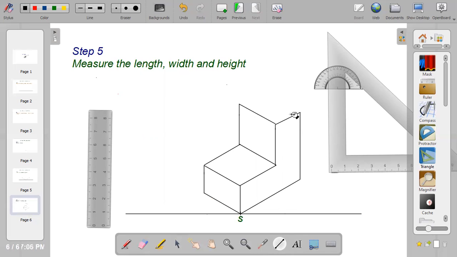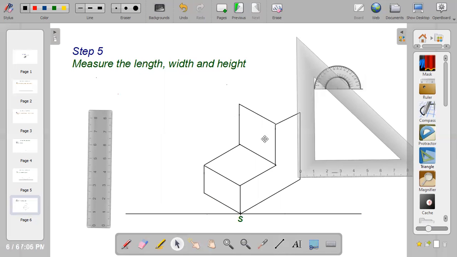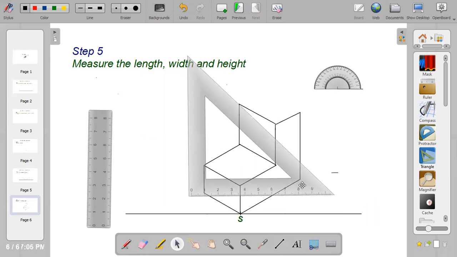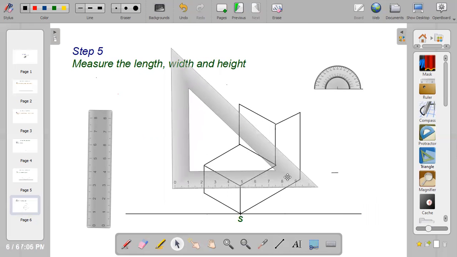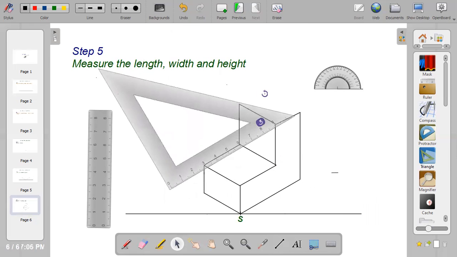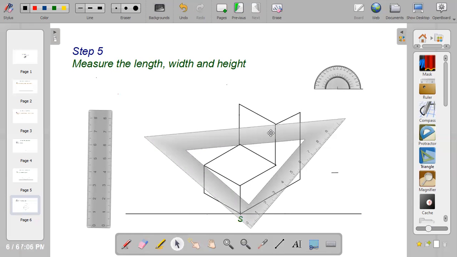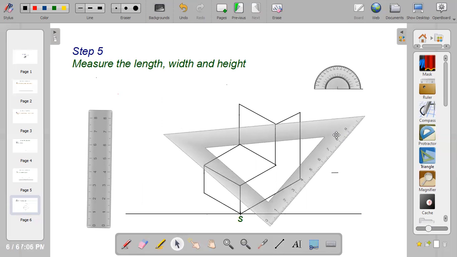The next thing is just to wrap up the drawing. Place your set square on the slant line. I need to copy this line and paste it elsewhere.